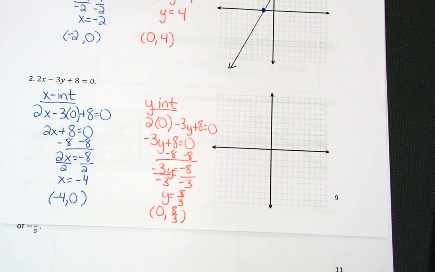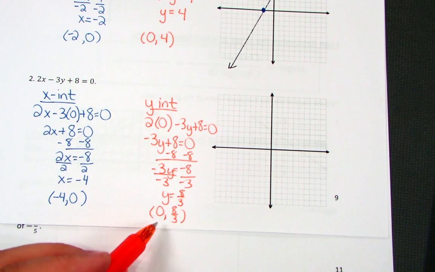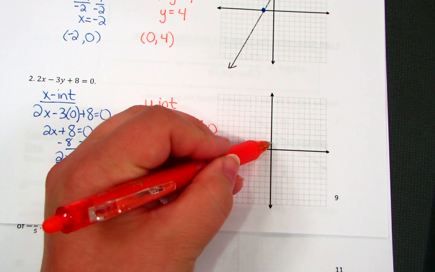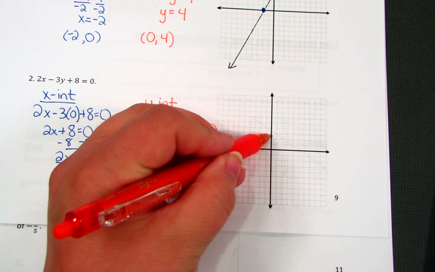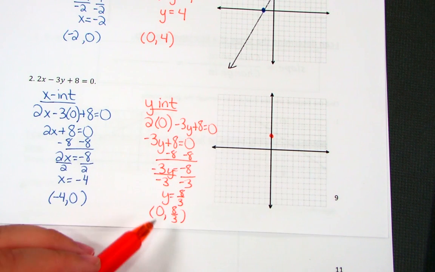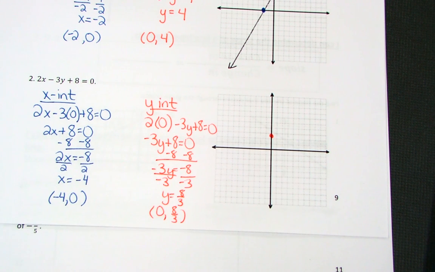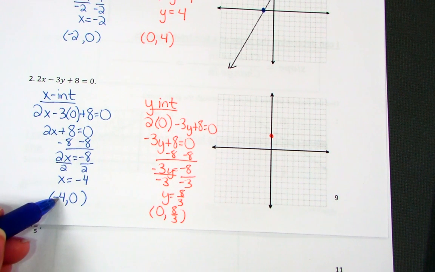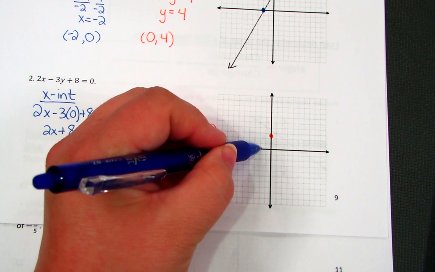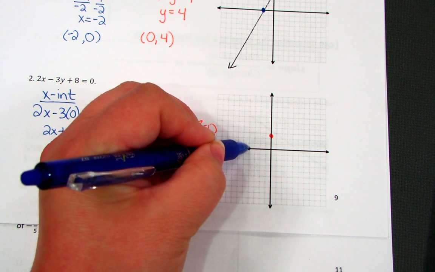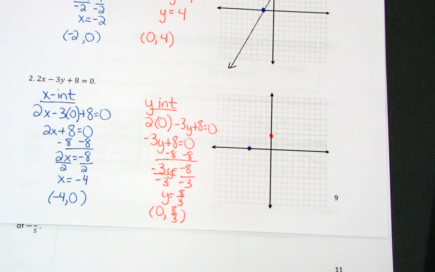And the 2.6 is what we would use when we are graphing. When I go to plot this point, I go 0 and 1, 2.6. But for actually writing the answer, please give me the fraction. Then the x-intercept, 1, 2, 3, 4, negative 4, 0.